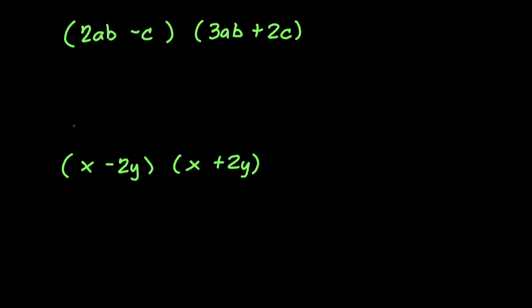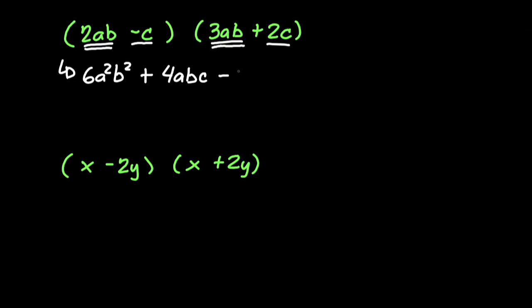2ab minus c multiplied by 3ab plus 2c. So multiply 2ab by 3ab. So it will be 6a squared b squared. Multiply 2ab by 2c, which would be 4abc. And now multiply negative c by 3ab, which would be negative 3abc.